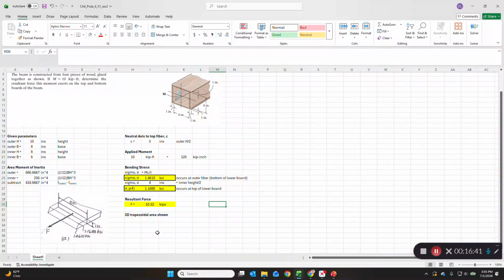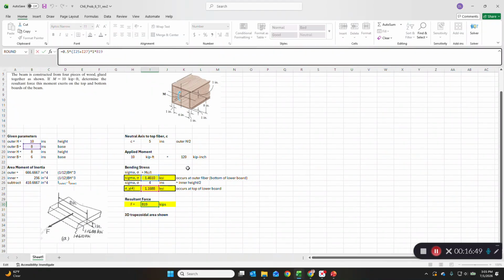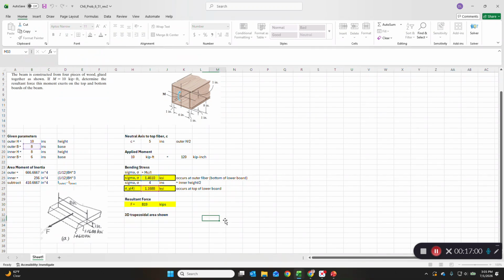So it's a three-dimensional trapezoid, and so we want to actually calculate the resultant force F as the area of this three-dimensional trapezoid. So it's just 1/2 base 1 plus base 2 times the height, 1, times the width, which is 8, the outer base here. And then you've got 10.52 kips for a solution.